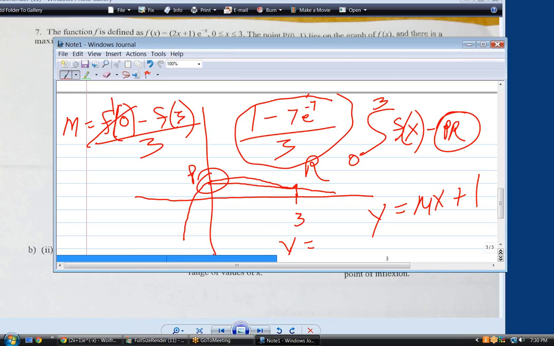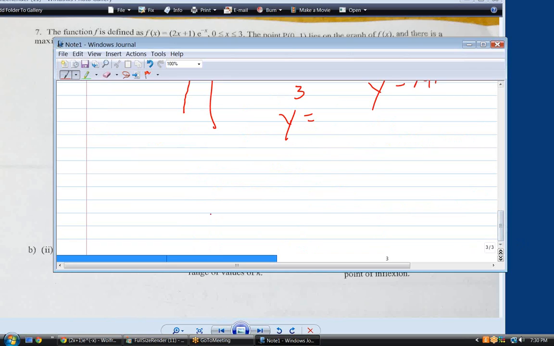We're going to take this length plus this length, divided by 2. You know the formula for the area of a trapezoid?